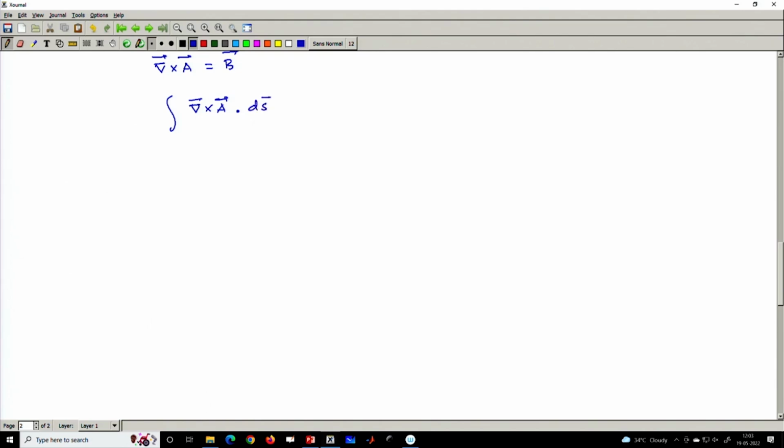That quantity is simply the closed line integral of A dot dl, and that is nothing but the integral of B dot ds, and that is the magnetic flux. We have had this equation several times, we know that. So, this is the magnetic flux calculation.